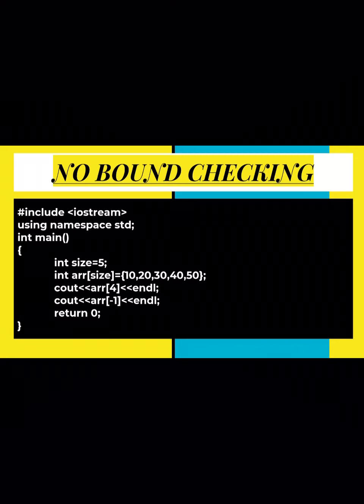So this is what we call undefined behavior in C++. After we compile and run the program, it will show 50 and 0, where 0 is arr[-1] and 50 is arr[4].